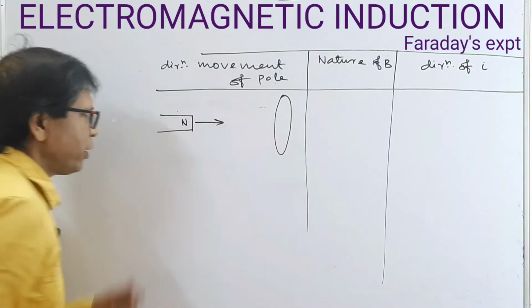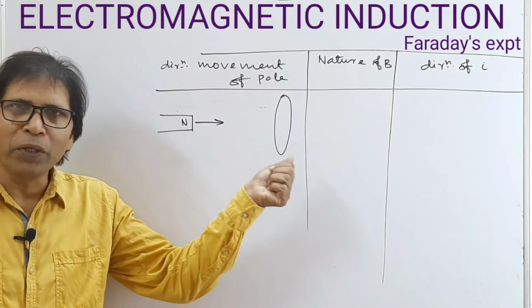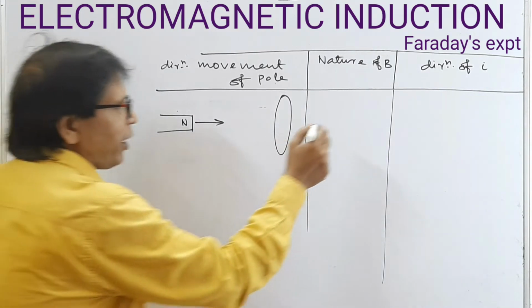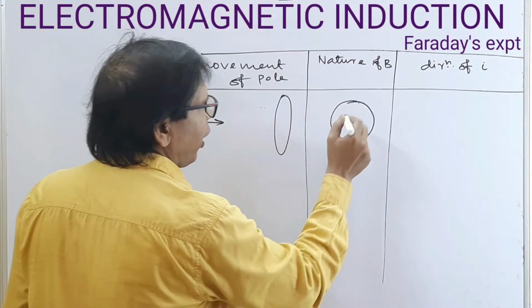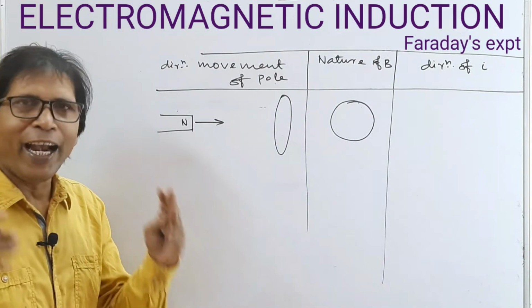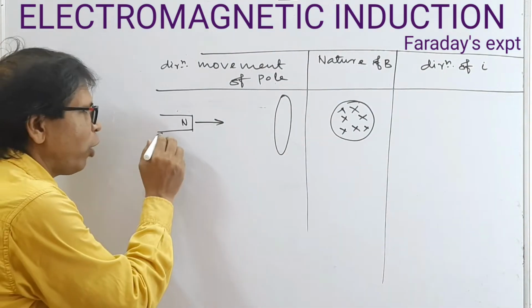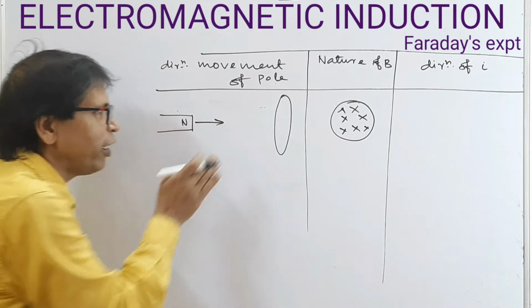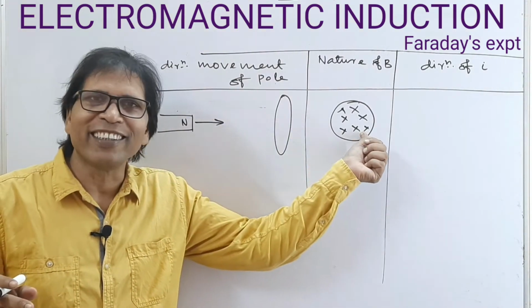Look at this. N pole moving towards the coil. If the N pole moves towards the coil, the magnetic field in this coil increases, and this is the cross magnetic field. When the north pole moves along this direction, the strength of the magnetic field increases, so cross increases.